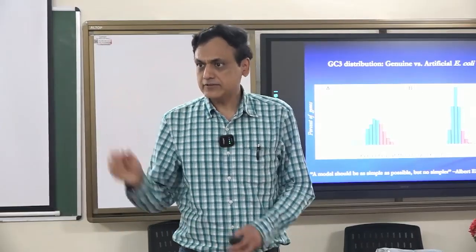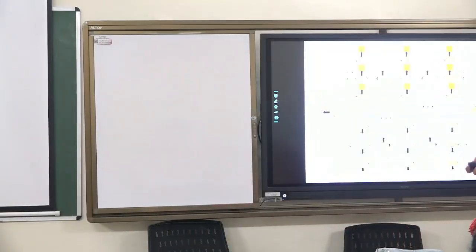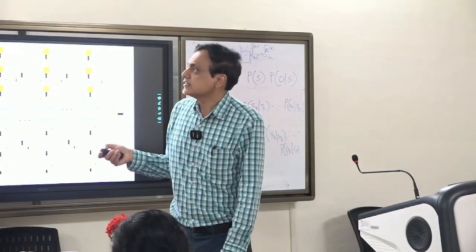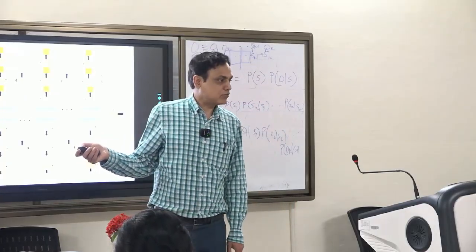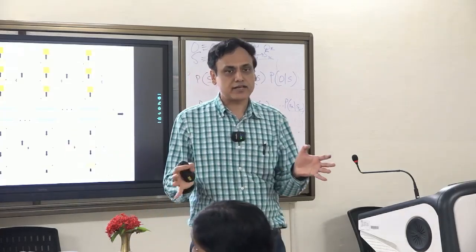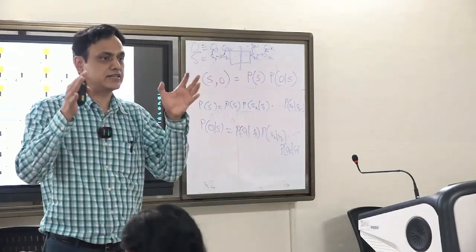Okay, so here I am showing you the model using the 3 gene model. So this is a hidden Markov model that used 3 gene models, but there could be as many gene models as the number of gene clusters in a genome.